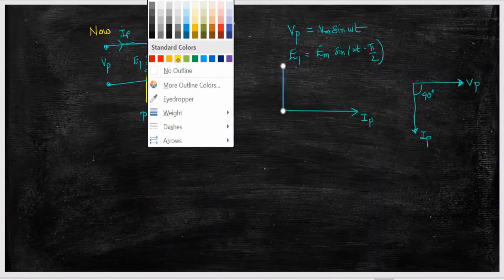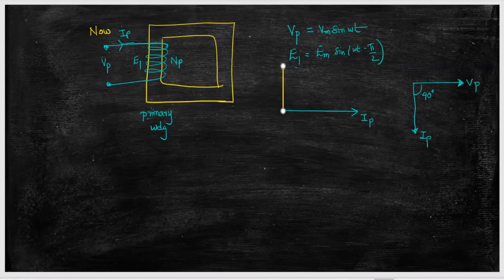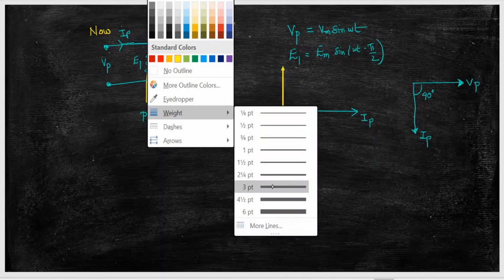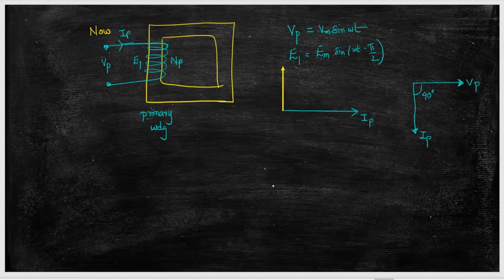Now the EMF induced in this is because of this current, and this current is because of this phi.